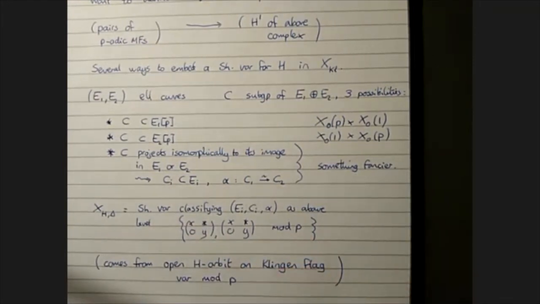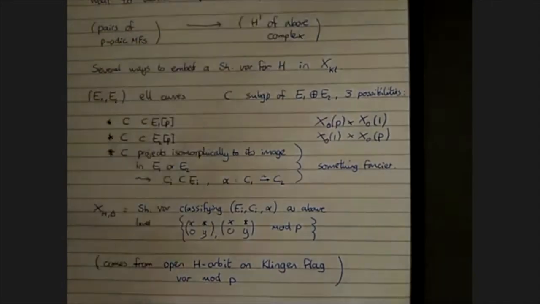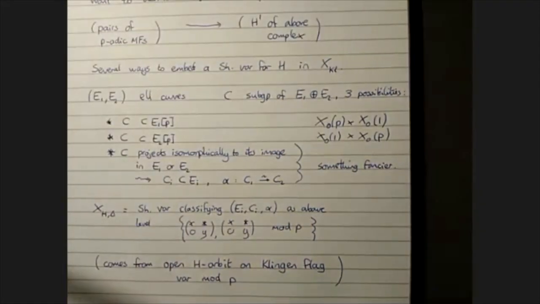You can look at orbits of H on the flag variety for the Klingon, so G mod the Klingon, and there are 3 orbits of H on that flag variety.